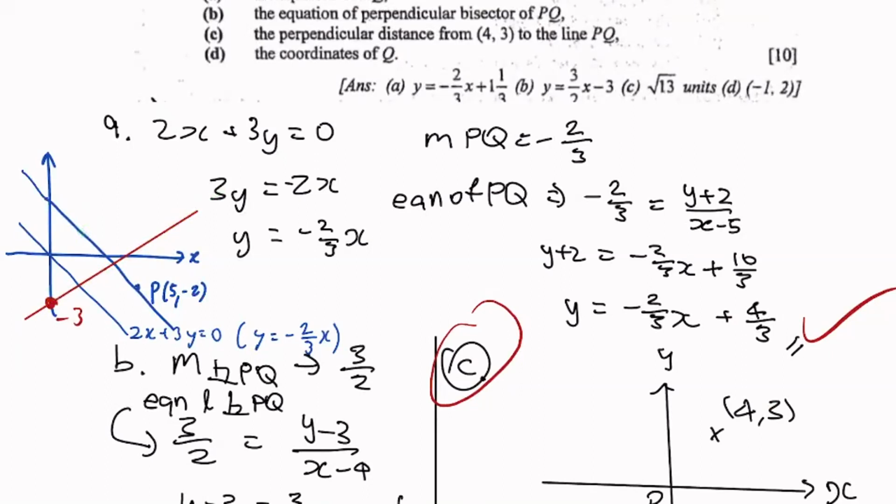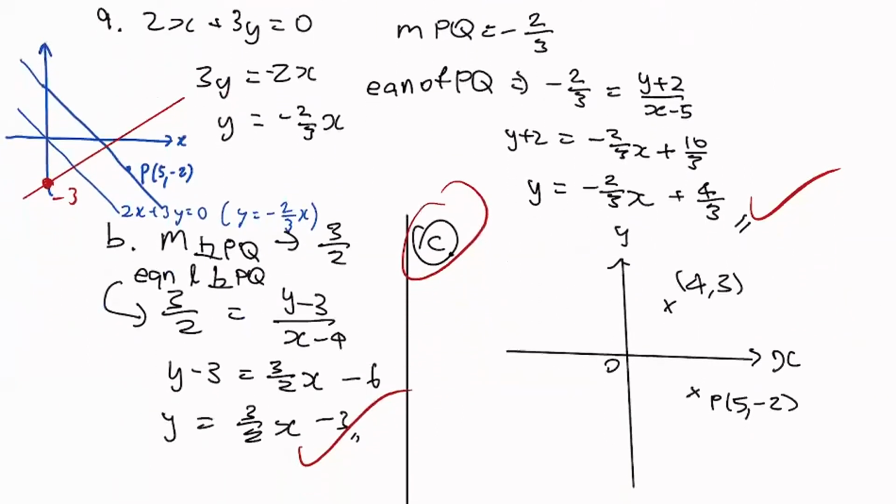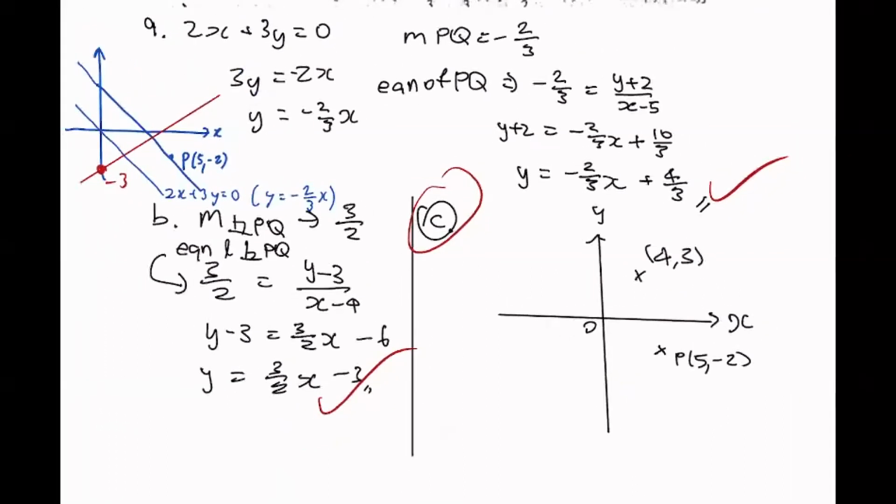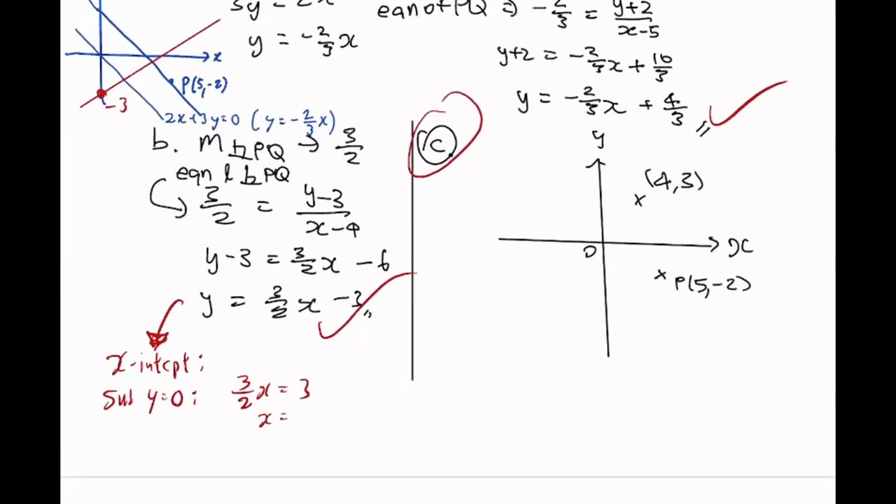Actually, I need to be more precise so I can know exactly where Q is. I don't want to be confused. So let's figure out the x-intercept of this perpendicular bisector. X-intercept means you sub y equal to 0. Then you solve 3/2 x equals 3, x equals 2/3 times 3, which is 2.